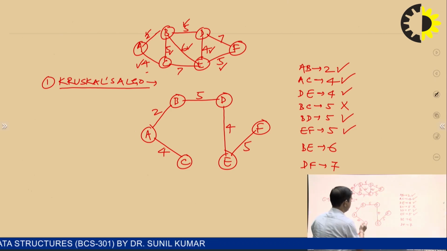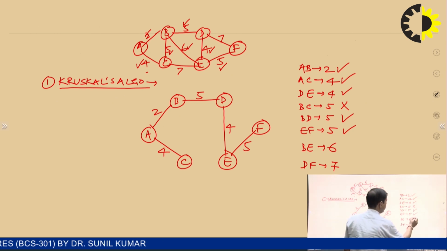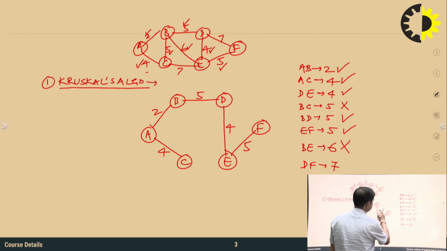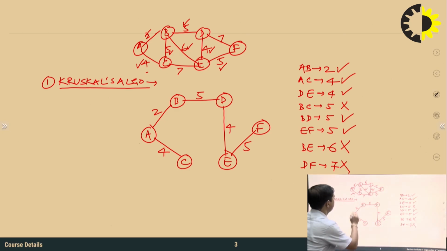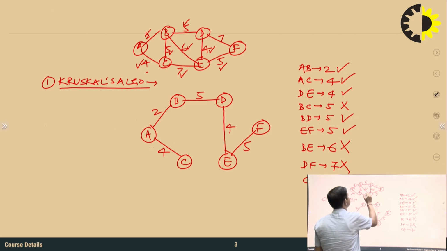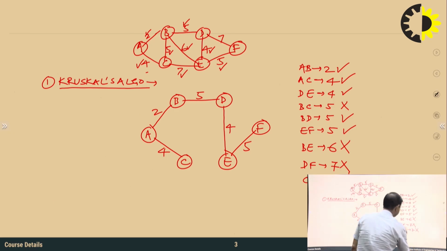BE, अगर मैं B को E से कनेक्ट करता हूं, साइकिल क्रिएट हो रही है. ठीक है. और अगर मैं DF को करता हूं तो भी साइकिल क्रिएट हो रही है. एंड वन मोर एज दैट इज लेफ्ट, दैट इज CE. दैट इज ऑल्सो 7. If I am connecting C to E, again cycle will be created. So then in that case, I will not use this one.